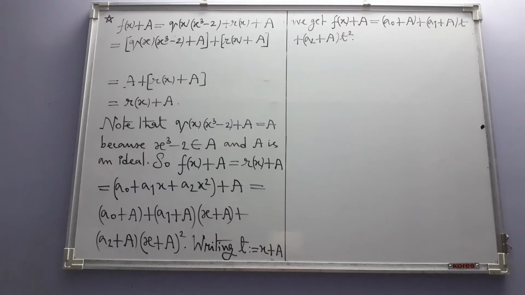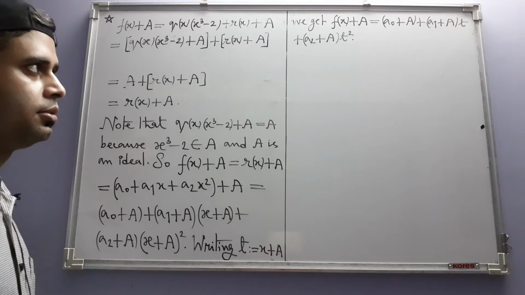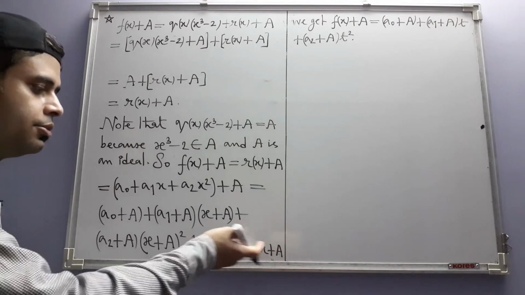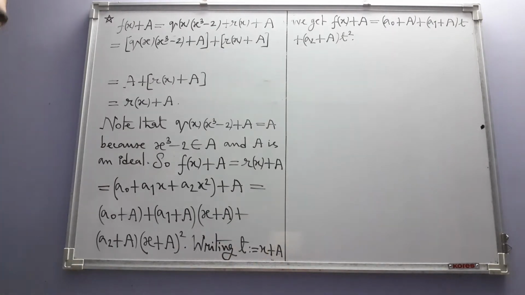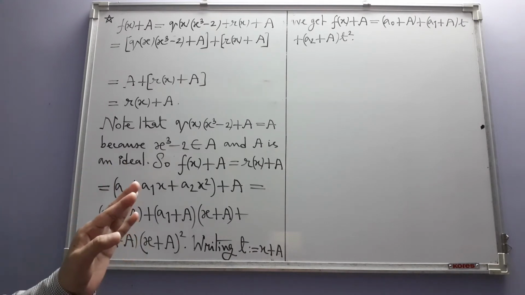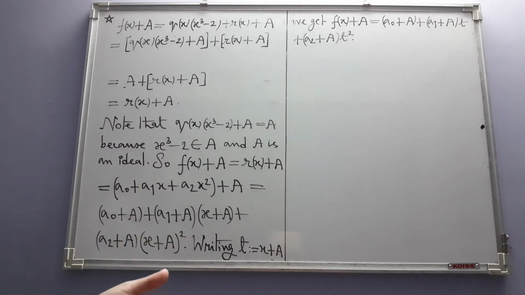Okay, but can we write something else in place of a naught plus A? Of course you can use a symbol and write something, but that's not what I am asking. I am asking, can we write in place of a naught plus A just simply a naught?